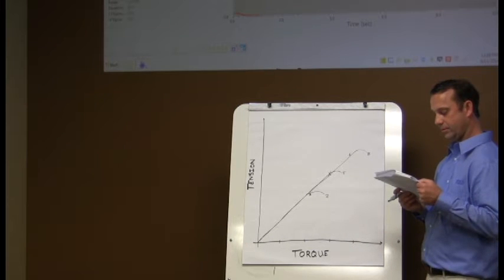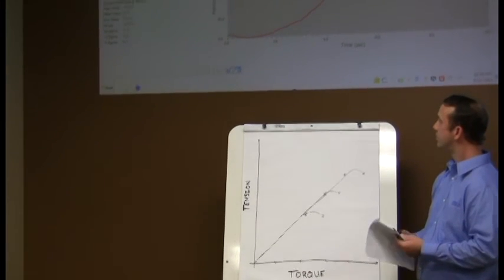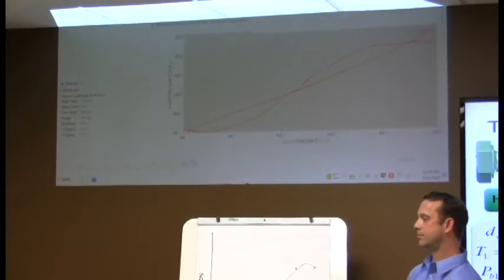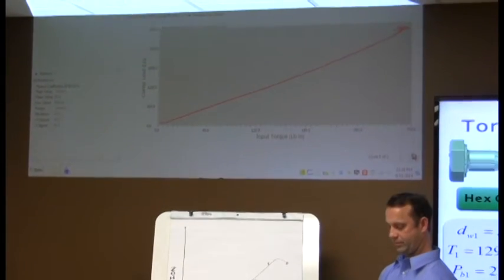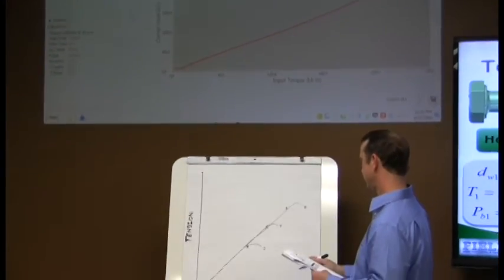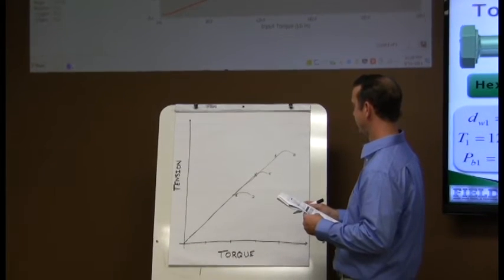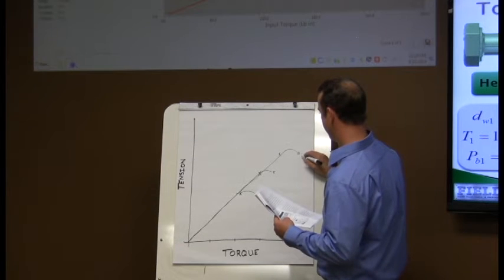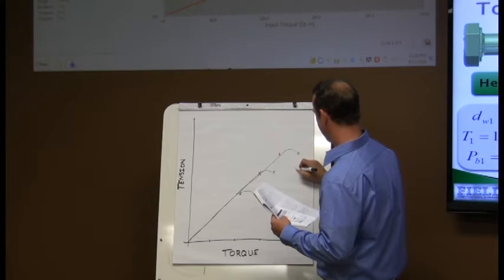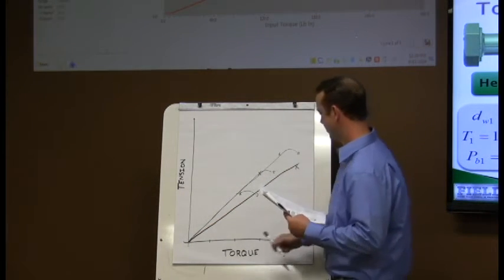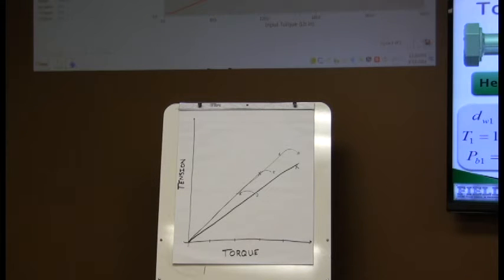Okay. Let's see. All right, in order to get just a yield, it took 290 inch-pounds of torque, and we got it up to 2,800 pounds of clamp. So we can see that on this graph.